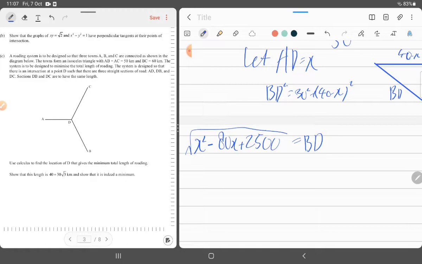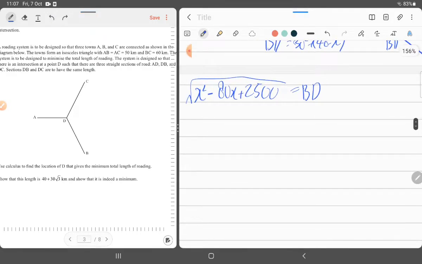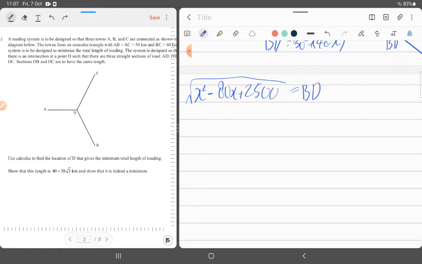But then BD is equal to DC because of symmetry. So from optimization, we want to get the length as a function, then differentiate it to find the minimum or maximum.